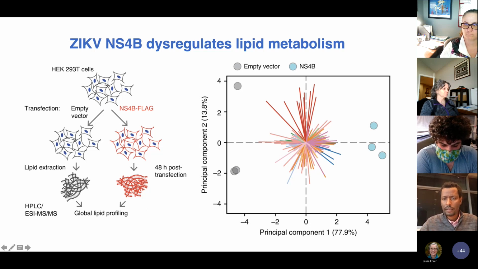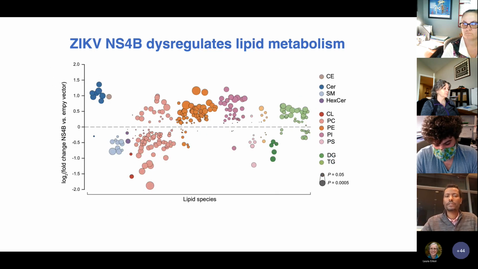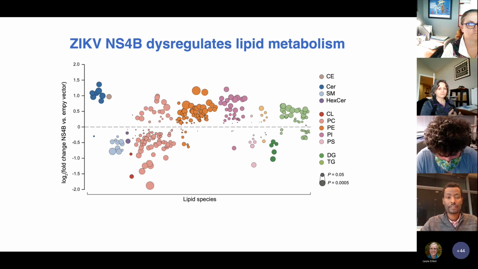What we see from the get-go is that there is nice separation between empty vector, which is our control, and NS4B transfected cells. And when we do this careful analysis, it nicely mirrors the virus-infected lipidomics.